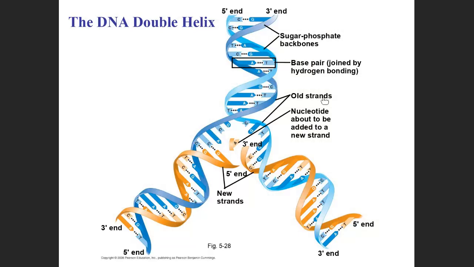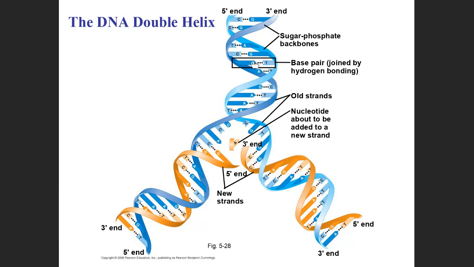So the DNA molecule is made up of two strands of nucleotides, and the nucleotides are held together with covalent bonds, but the two strands are held together with hydrogen bonds. And so there are hydrogen bonds occurring between the two strands which hold them together. But hydrogen bonds are not very strong.